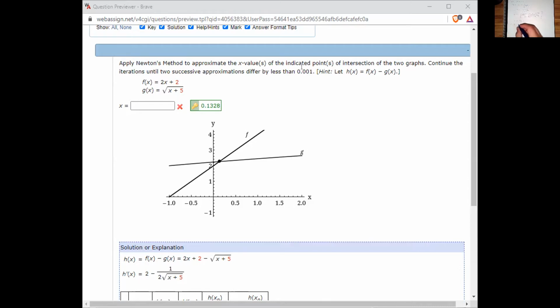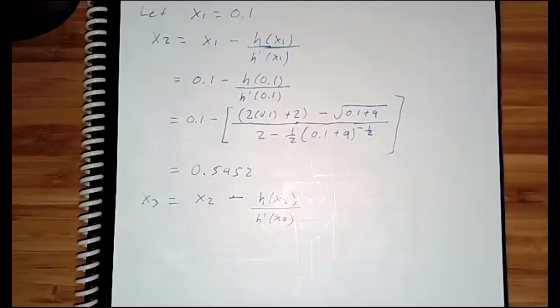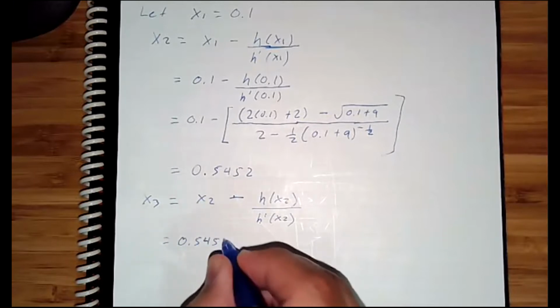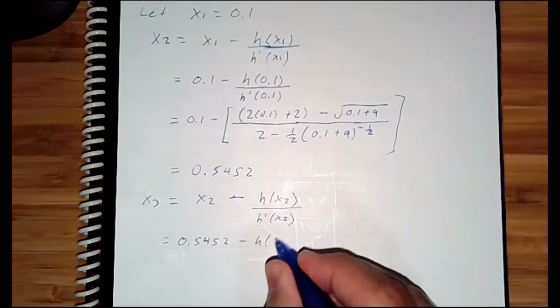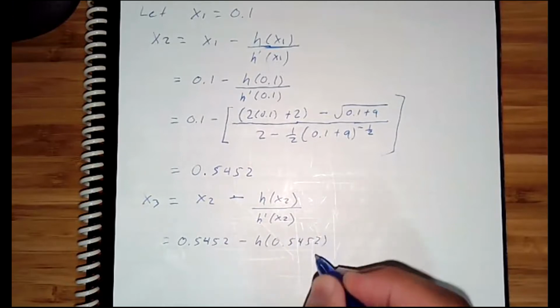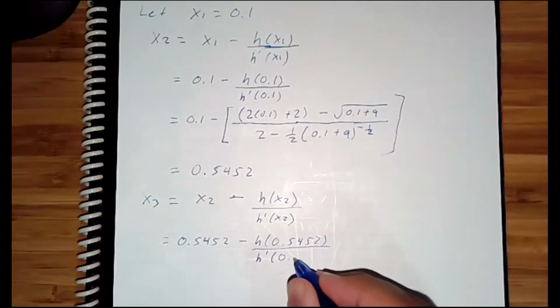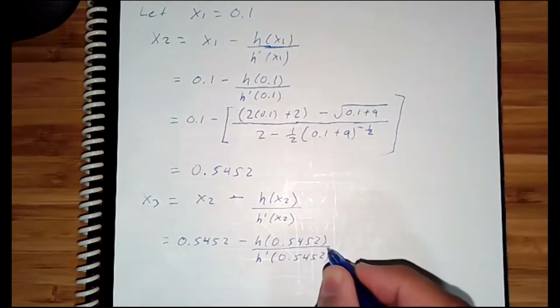X3 is equal to X2 minus H of X2 over H prime at X2. So that will be 0.5452 minus H of 0.5452. H prime will be at 0.5452.